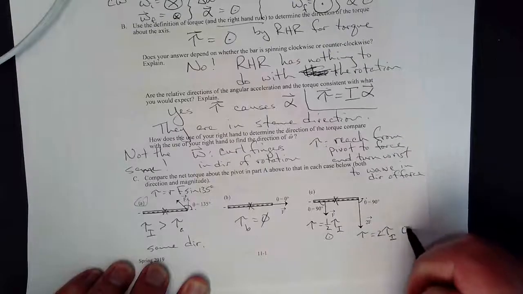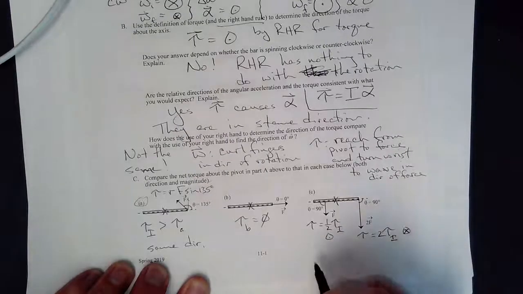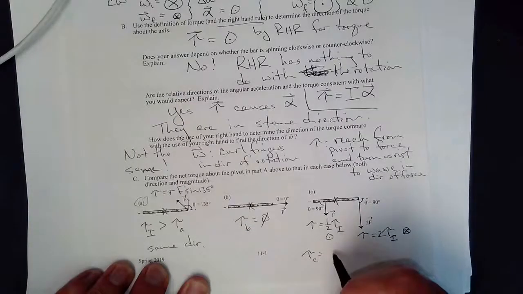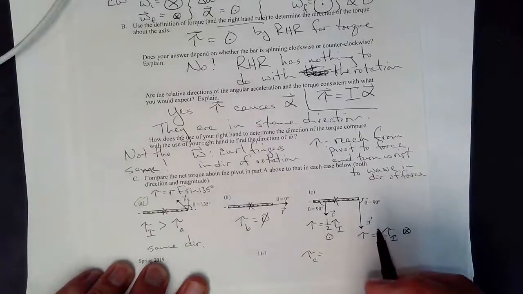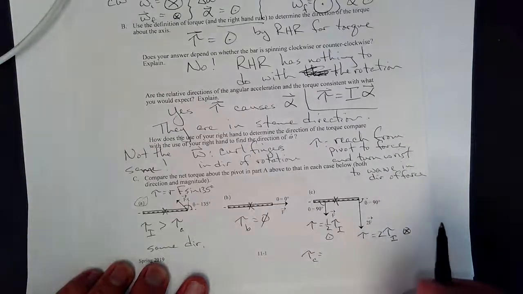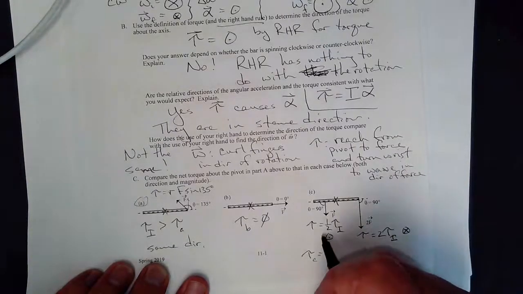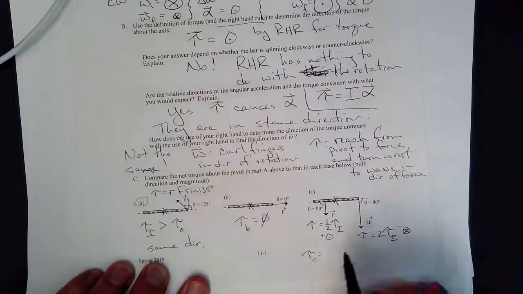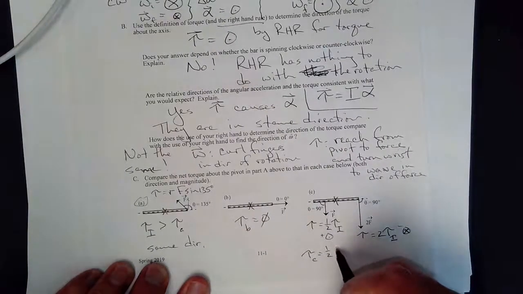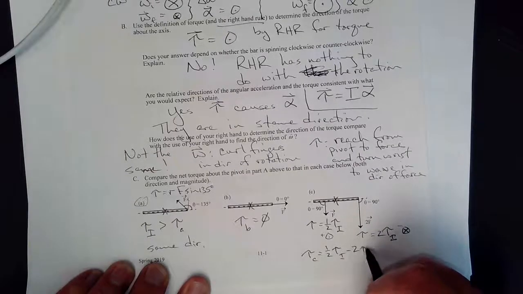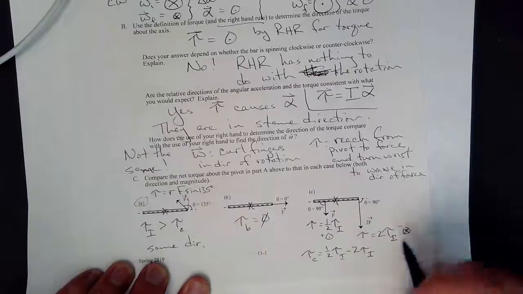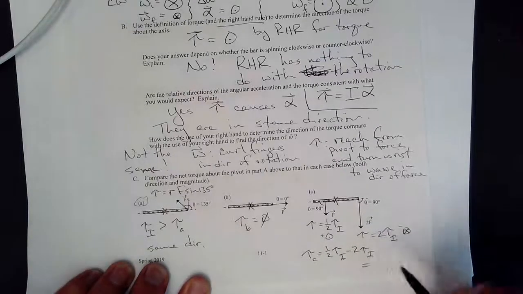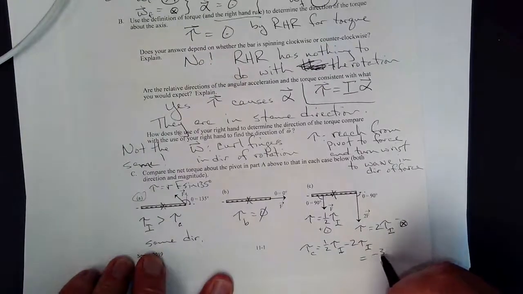And so the torque of C is going to be, let's call out of the page positive and into the page negative, 1/2 the original minus 2 times the original torque. And that's going to give me minus 3/2 the original torque.